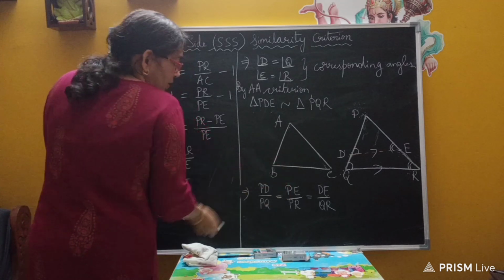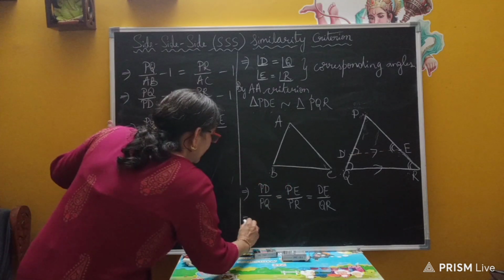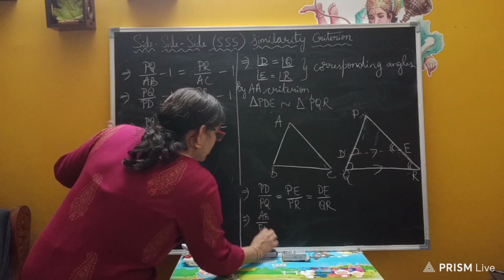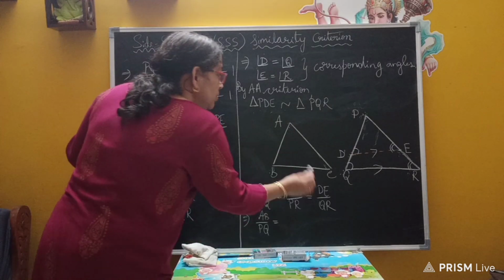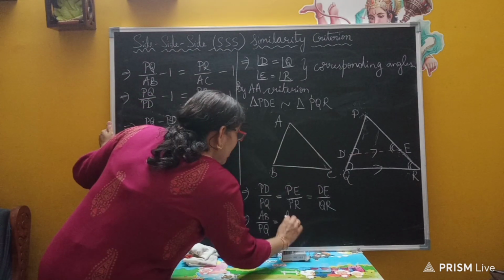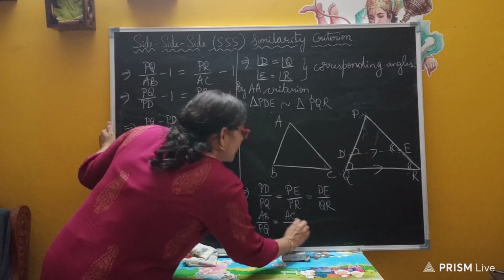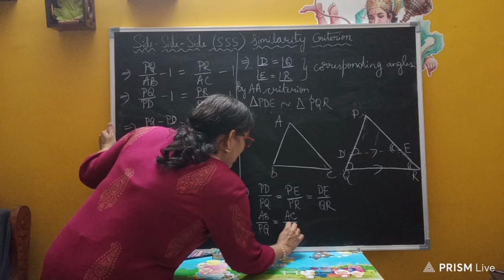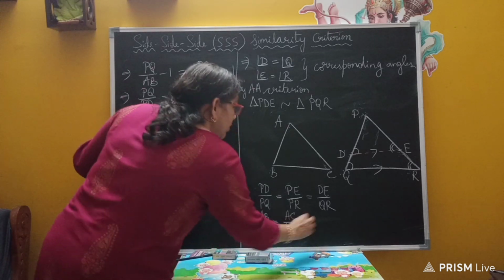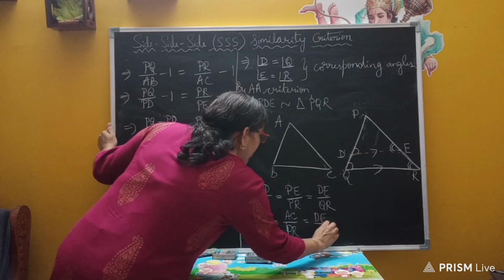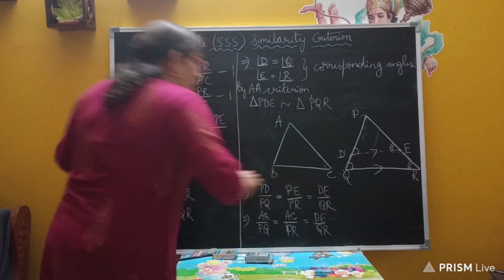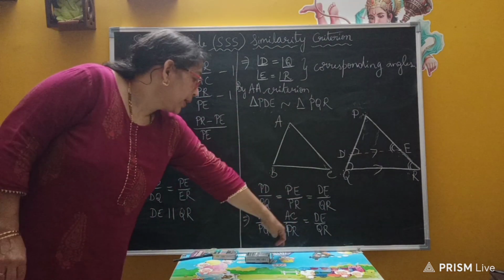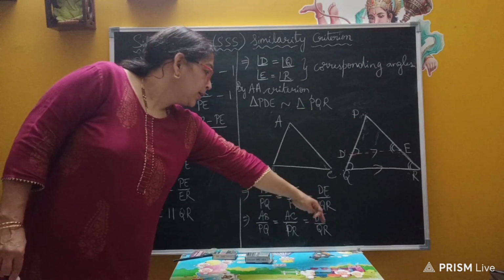We write those sides now: AB, this is by construction, AB by PQ is equal to AC. In place of PE, I write AC by PR, and PR is equal to DE by QR. So AB by PQ, AC by PR and DE by QR.